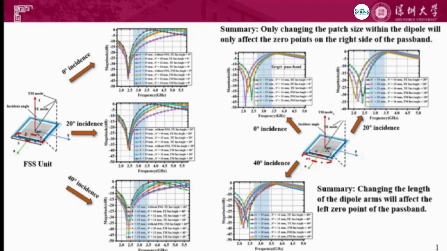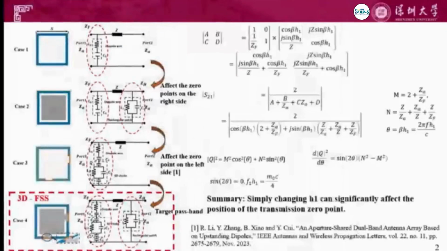Based on these findings, we developed an evolution strategy from Case 1 to Case 4. Case 1 is a basic dipole structure, equivalent to an LC series circuit, exhibiting bandstop characteristics. Case 2 introduces a rectangular patch to achieve independent control of the right zero.